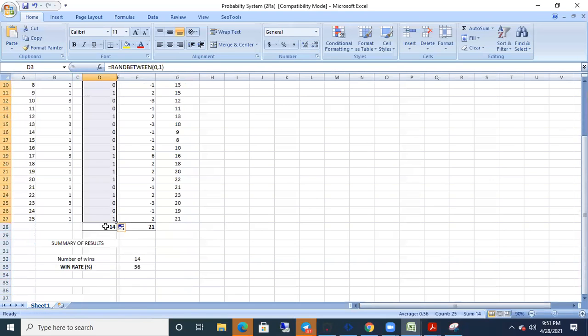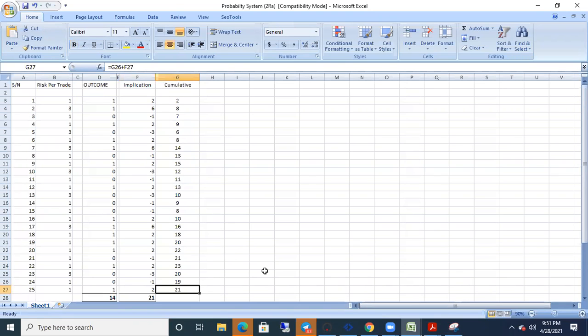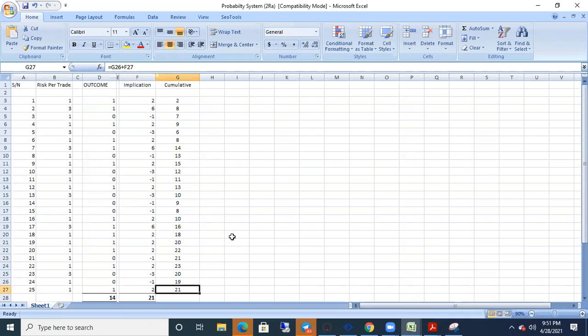Now we have 14 wins out of 25 trades, which is a 56% win rate. We had 21% growth on that account. Note that we had 3 back-to-back losses at some point in time, but the account still grew by 21%.